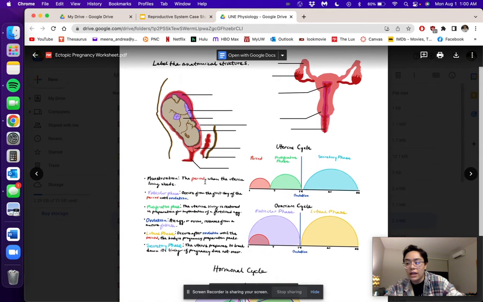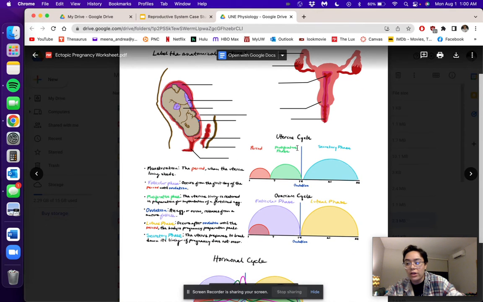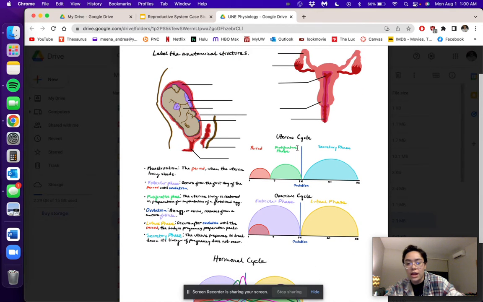Next, we're going to take a look at some of the various phases that make up the uterine and ovarian cycles, and then we will define some of the events that occur at these times. In the first few days of the uterine cycle, menstruation or the period occurs, which is when the uterine lining or the endometrium is shed and exits the body.